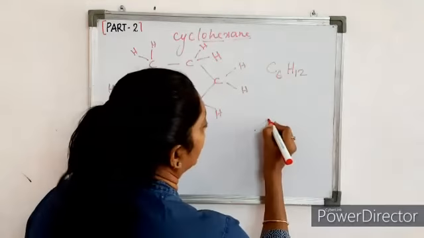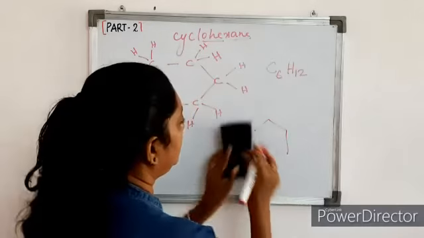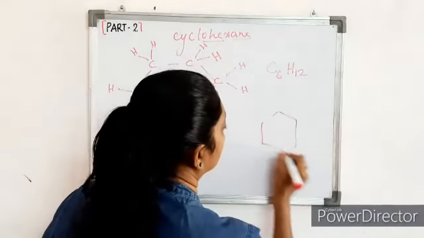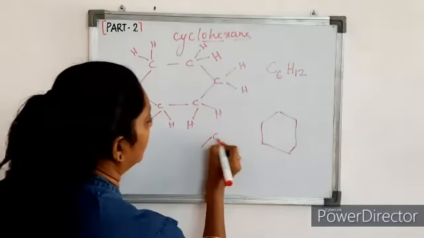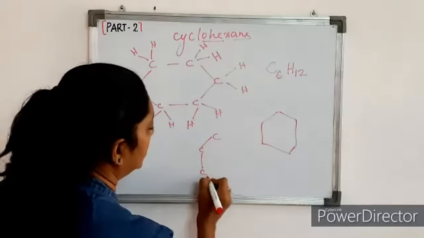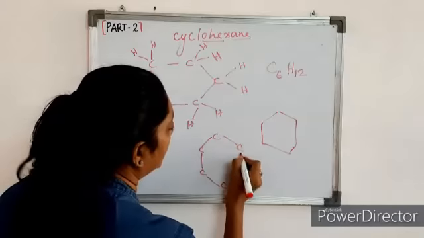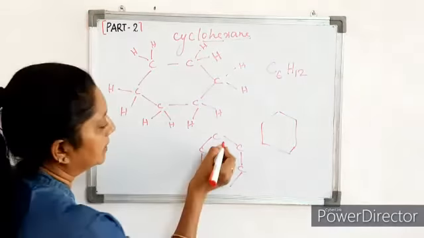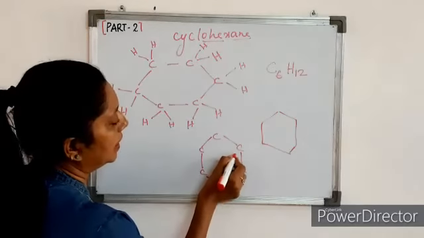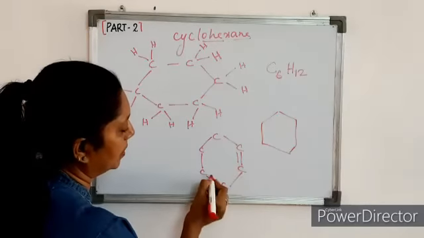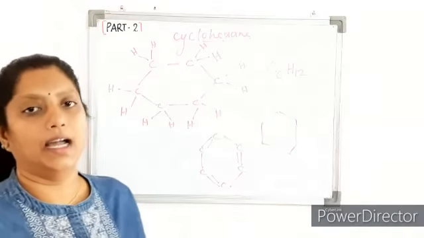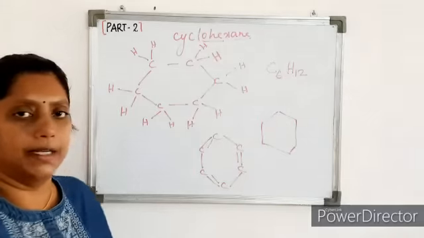Now another molecule. This molecule has 1, 2, 3, 4, 5 and 6 carbon atoms, but there are single and double bonds: single bond, double bond, single bond, double bond. That is, alternate single and double bonds between carbon atoms.